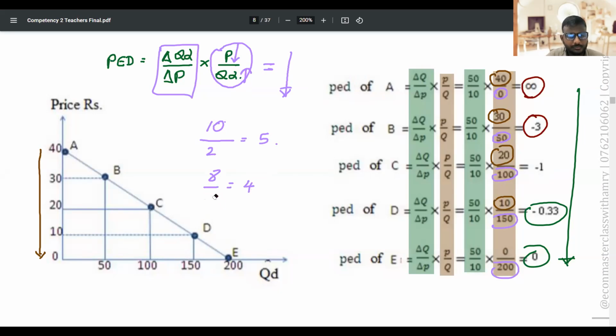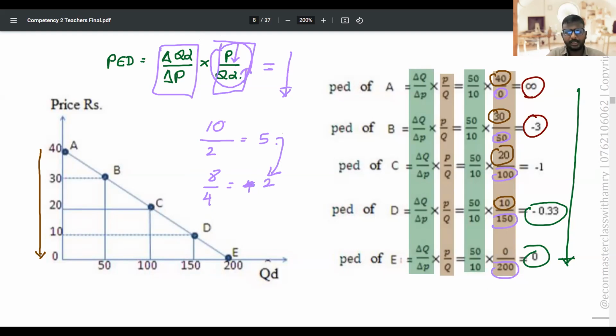So your final answer is only 2. You see the drop. That is the reason why we see this drop in elasticity when price comes down. The ratio between price and quantity demanded keeps on reducing when price drops.